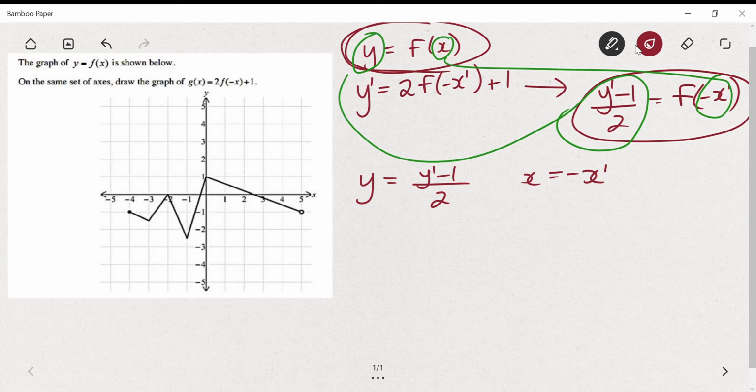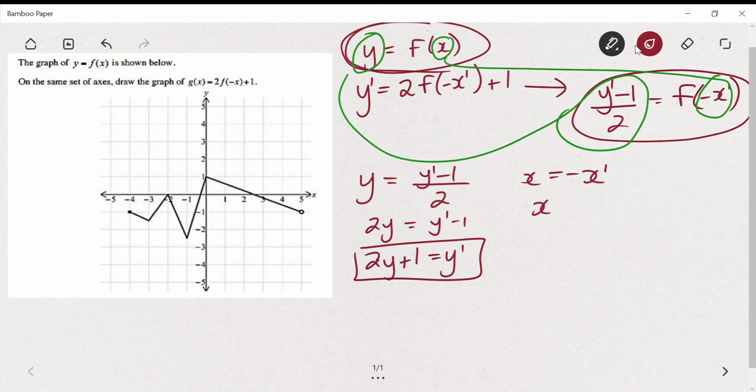Now rearranging, 2y equals y prime minus 1, so 2y plus 1 equals y prime. That's important. And here, x prime is equal to minus x.